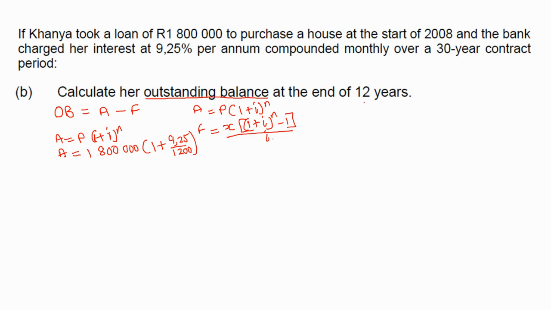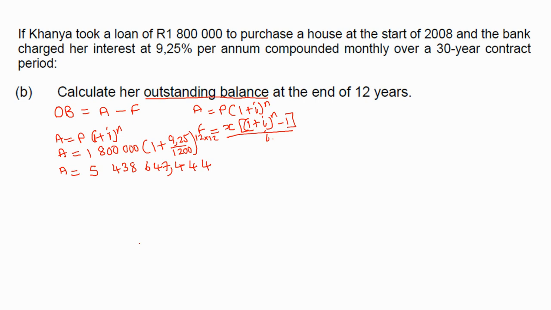It's 12 years, so if it's done monthly, it's going to the power 12 times 12, which means 144 months. Then you put this in the calculator, and you get that A is equal to 5,438,647.44. That's A. You've done the first part.